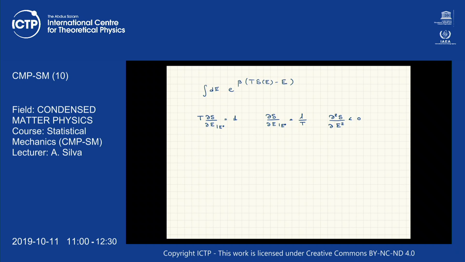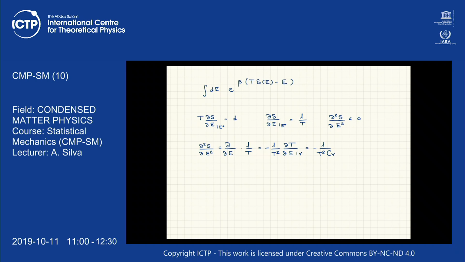The other way. Great. Now, d squared S over dE squared is equal to d/dE of 1 over T, which is equal to minus 1 over T squared dT/dE at constant volume, which is equal to minus 1 over T squared times the heat capacity. And this is obviously smaller than 0, right?